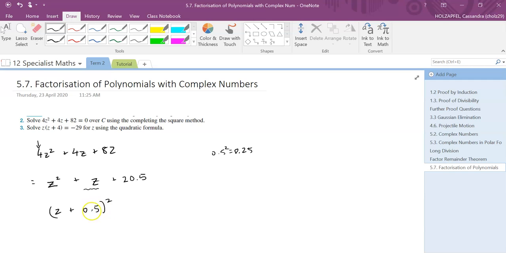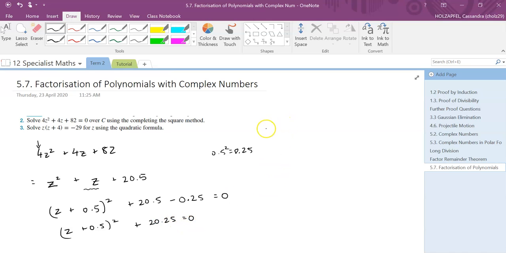So I would have had to add 0.25 to complete the square. In order to keep that balanced, I'm going to subtract 0.25 outside the brackets as well. So then I should end up with z plus 0.5 squared plus 20.25 is equal to 0.